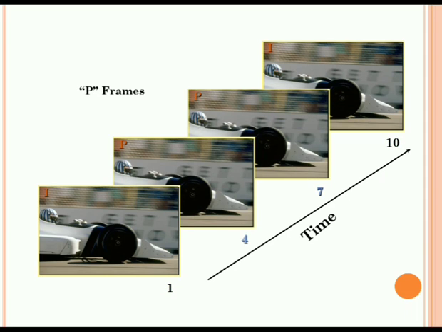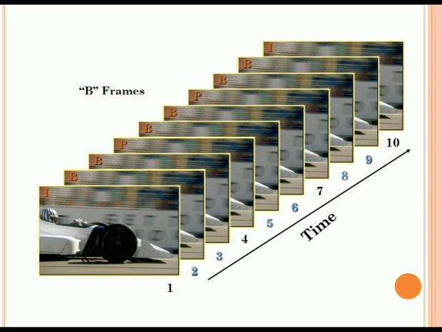A P frame is nothing but a forward predicted frame: whatever frame is forward predicted from the first, reference frame is a P frame. B frames are forward and backward predicted frames.